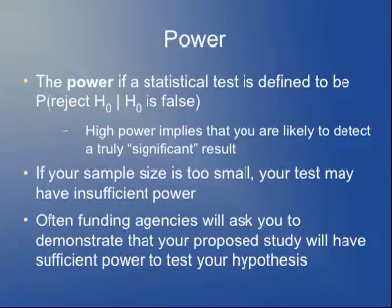Oftentimes when you're writing a grant proposal, funding agencies ask you to demonstrate that the proposed study has sufficient power to test your hypothesis, and that's something you can do with simulations. We're not really going to discuss how to use simulation to do that, but it's something fun to look at if you're really interested in power calculations.